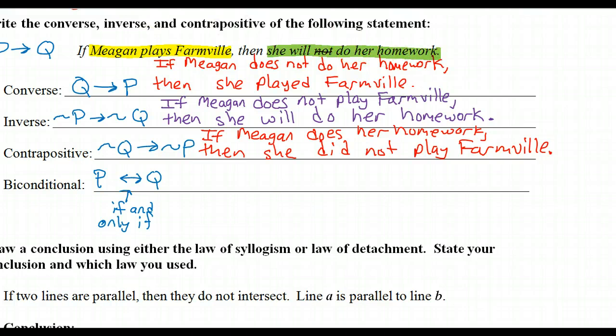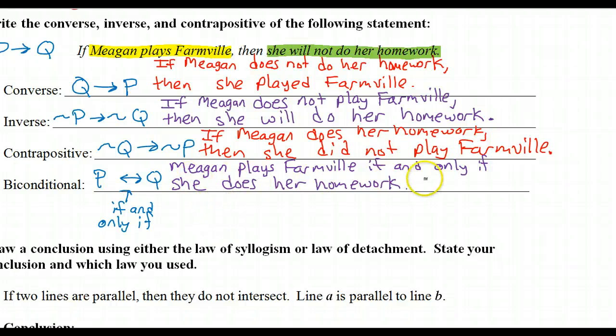I should probably erase a little not. Let me try that again. The conclusion is she will not do her homework. If I take those two and I put if and only if in the middle, that's going to be the biconditional. So the biconditional would be Megan plays Farmville if and only if she does not do her homework. And that would look like this.